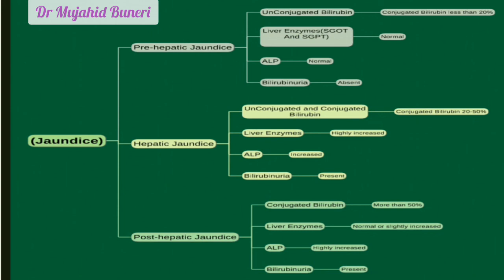Because alkaline phosphatase is usually secreted by bile duct canaliculi, that's why in obstructive jaundice, alkaline phosphatase level is very high. And of course, you get very dark color of urine in obstructive jaundice because the conjugated bilirubin is very high in urine. These are the points what you got to remember.